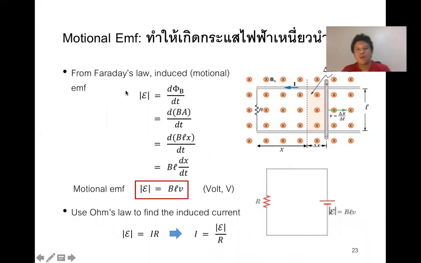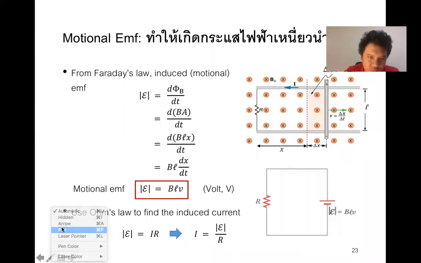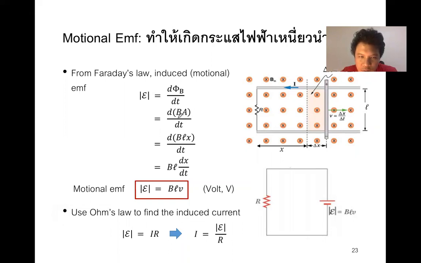How to derive this? The derivation is quite similar to what we did before. We define phi as B times A, and for the area A we consider this region, because we are going to consider this closed rectangle as a loop or a circuit.